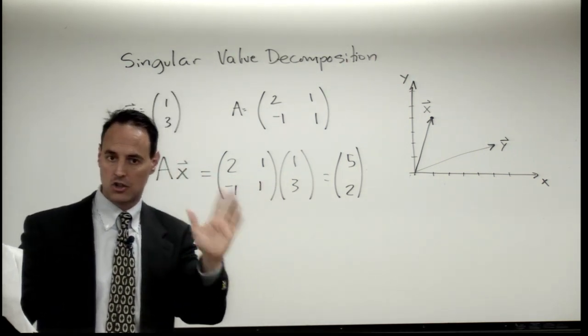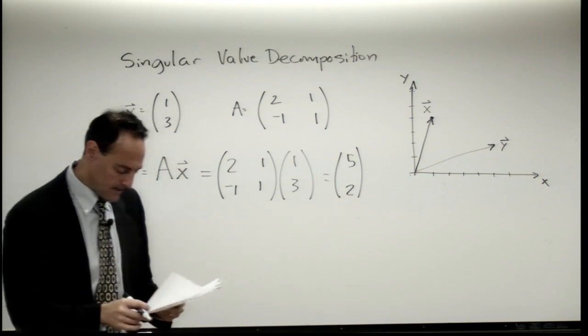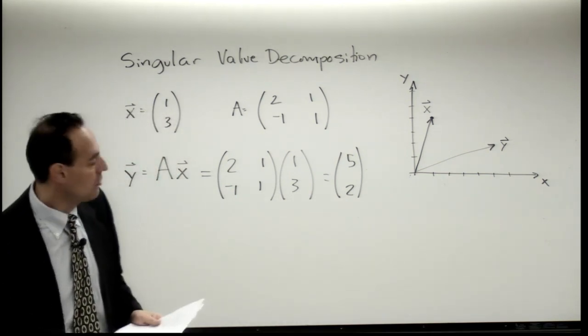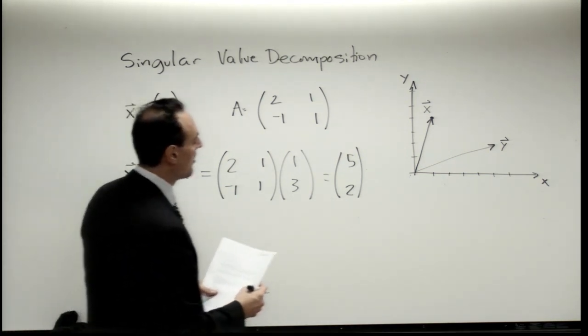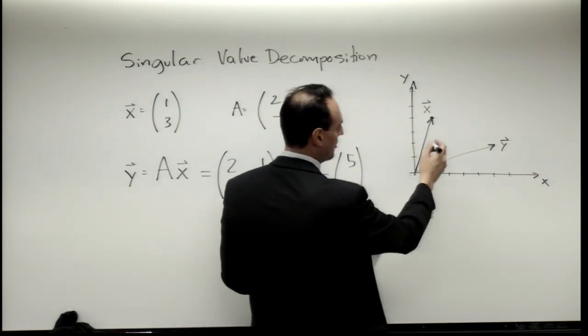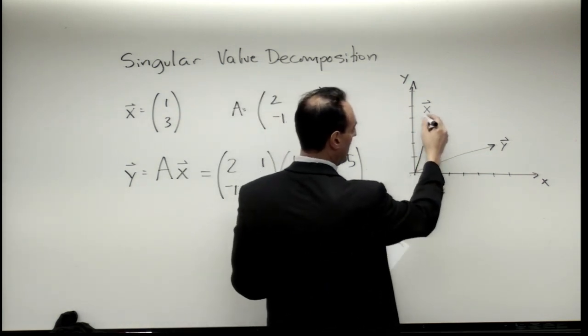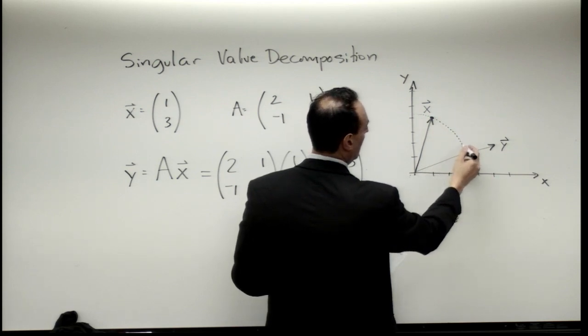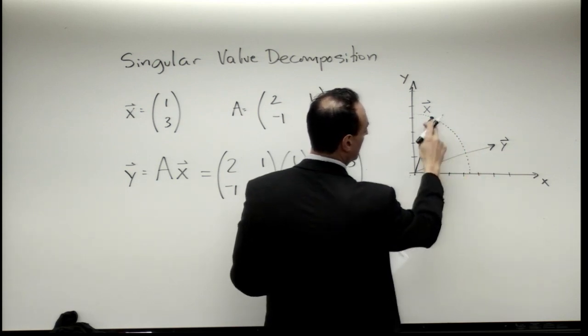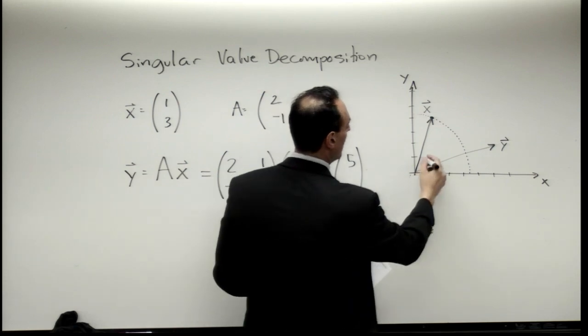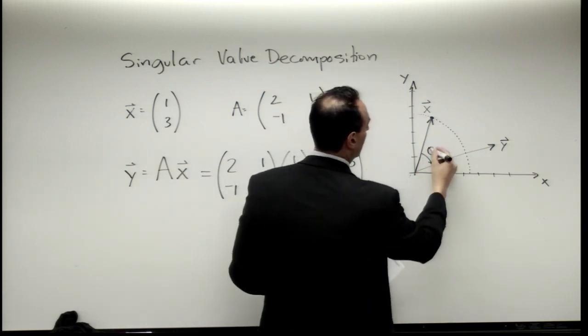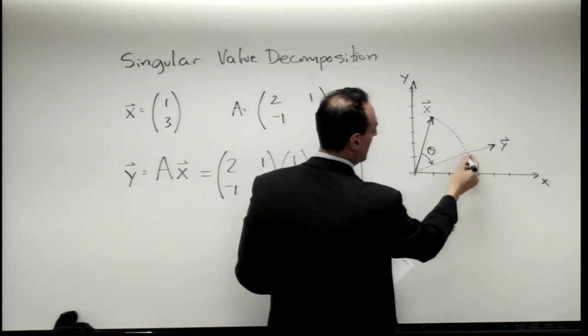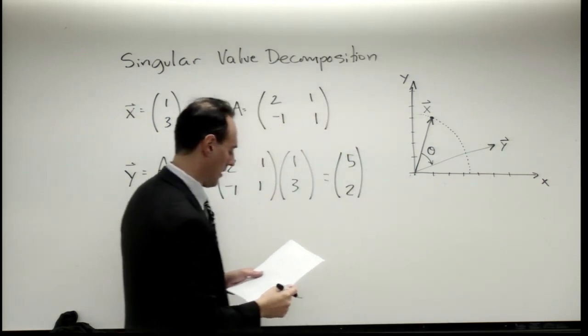Rotation and stretching. Let me draw a ball of the same radius here. And you can see what it did. It rotated by some angle theta to here, and then you stretched it out a little bit.